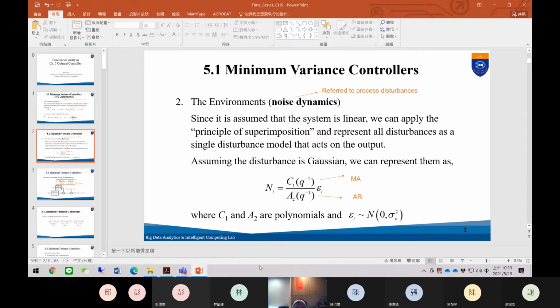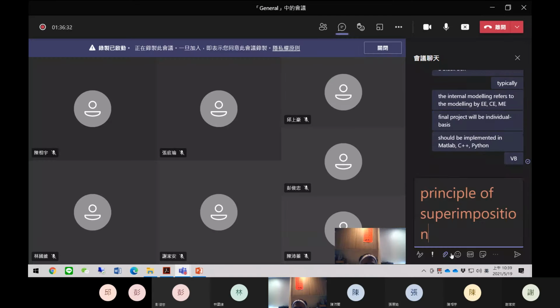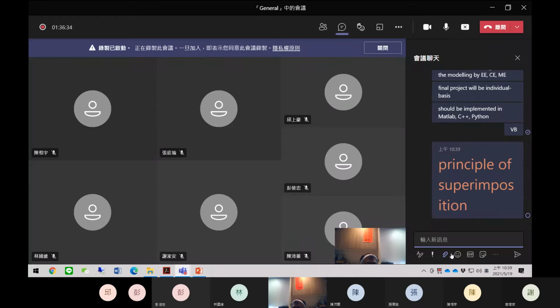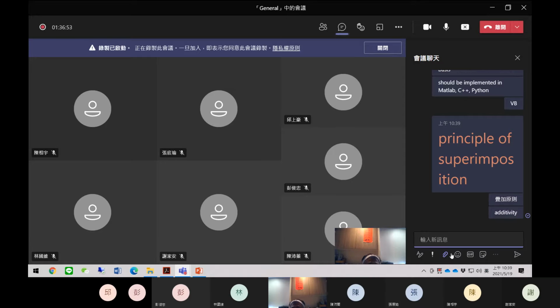The principle of superposition, that means, okay, so this is the additivity. The principle of additivity.